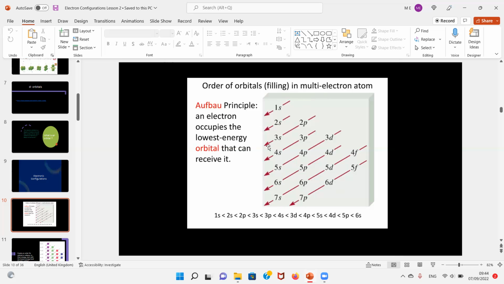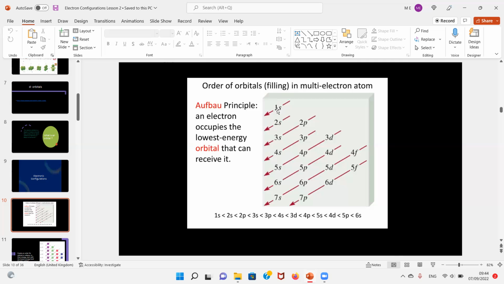The Aufbau principle, again, says that an electron occupies the lowest energy level before it goes to other energy levels. So if you have one electron, this electron will go to the 1s. It will not jump and go to the 5s. Why?